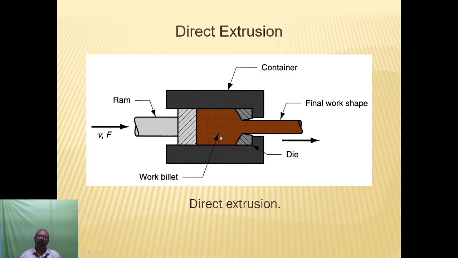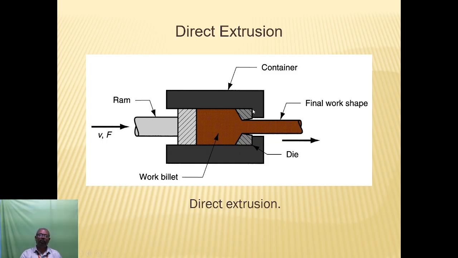We keep the workpiece inside the container. There is an opening. Inside the container there is a die. In the die there is an opening which has the desired shape of the final output. And there is a ram which is used to apply the compressive force on the workpiece.